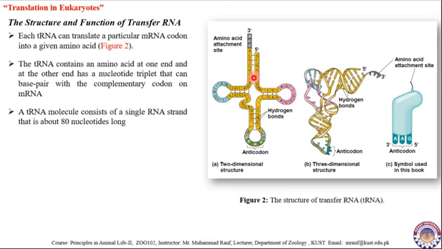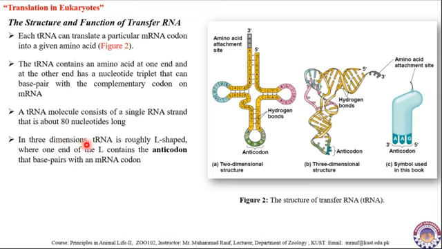If you remember, when we were studying differences in DNA and RNA, we said that RNA can be double-stranded. If RNA folds on itself and complementary bases face each other, then they can establish hydrogen bonds and the RNA can become double-stranded, but it is never helical. So transfer RNA is made up of 80 nucleotides.